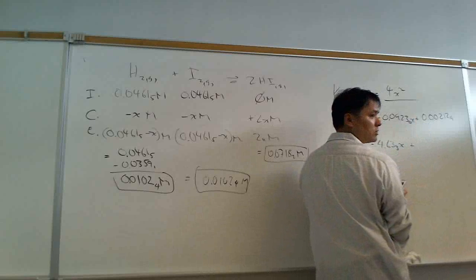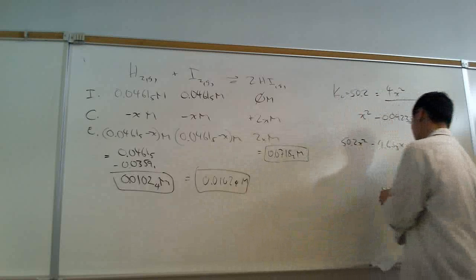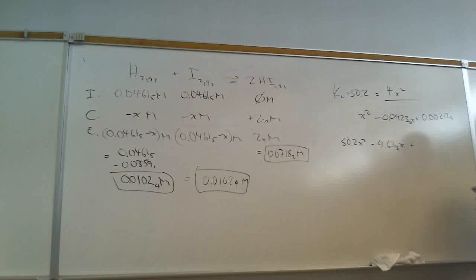You got 4.615? And then one final one, 50.2 times 0.00129, you might have carried extra digits, 0.1068. Yes, that's what we had. This is equal to 0.